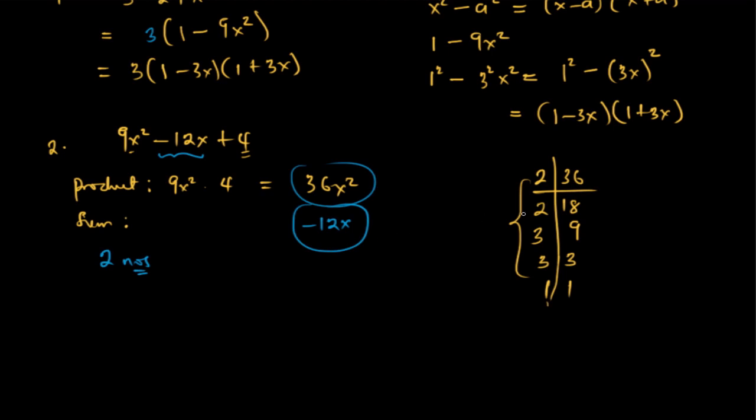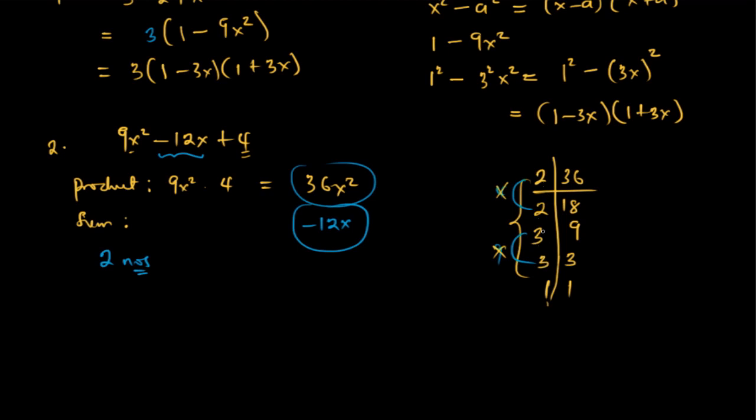When you look closely, we have 2 and 2, which gives me 4, and 3 and 3, which gives me 9. 9 times 4 is 36, but negative 9 and negative 4 is going to give me negative 13. So this doesn't work. When I look again, 2 times 2 is 4, times 3 is 12, and 12 and 3 does not work.